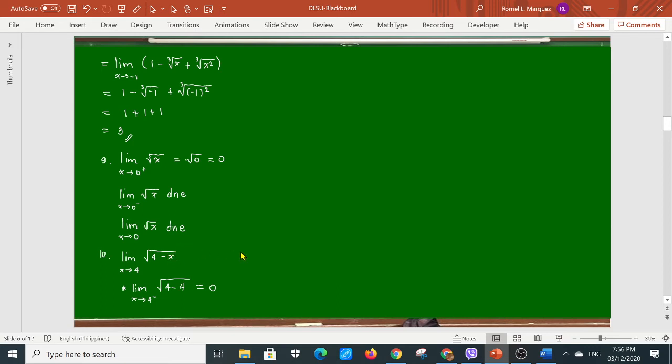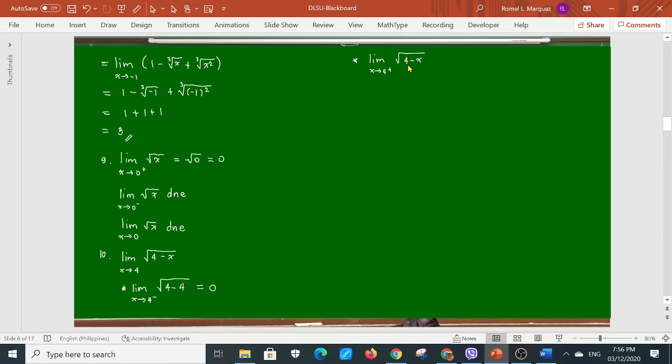What about if you have the limit as x approaches 4 from the right of square root of 4 minus x? What am I substituting to x? Supposedly, close to 4 from the right: 4.1, 4.01, 4.001.